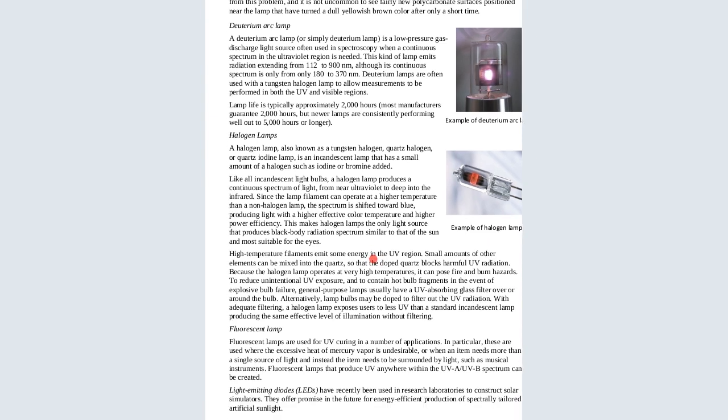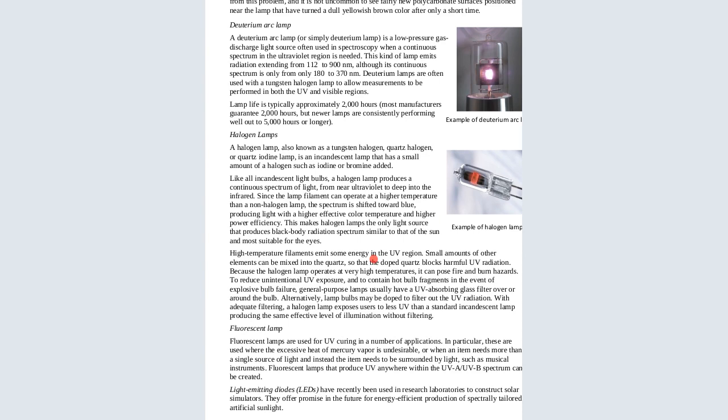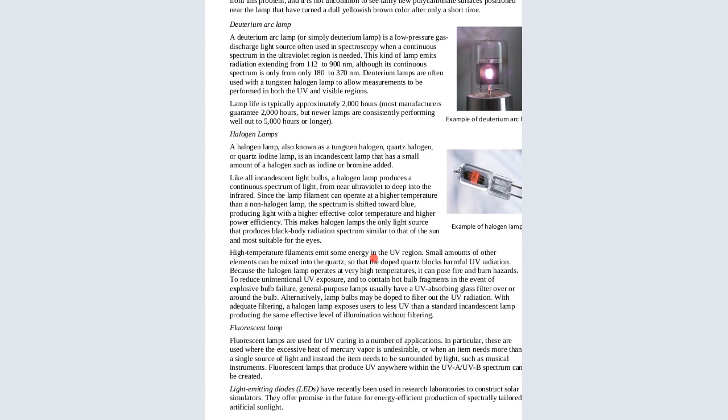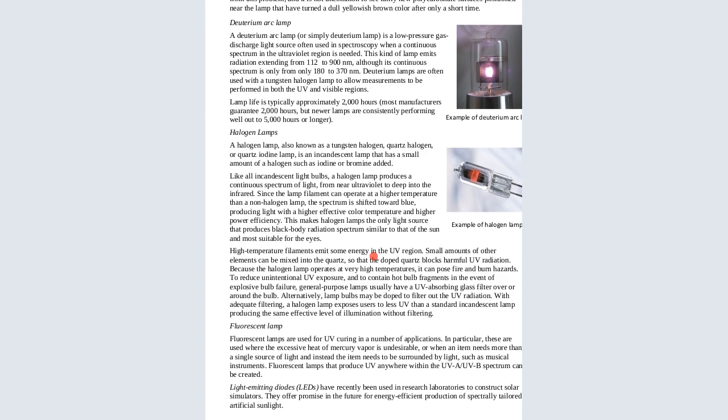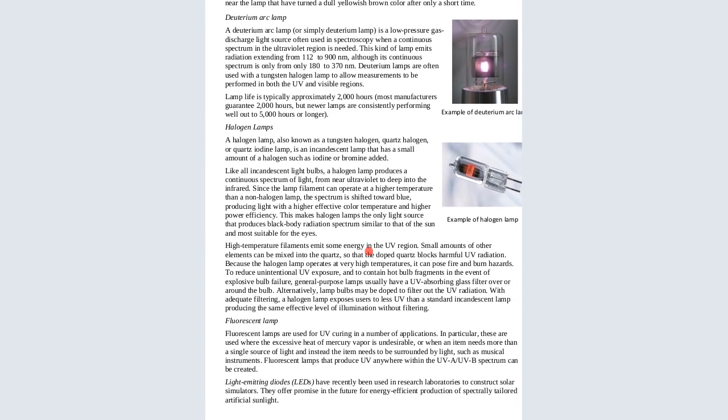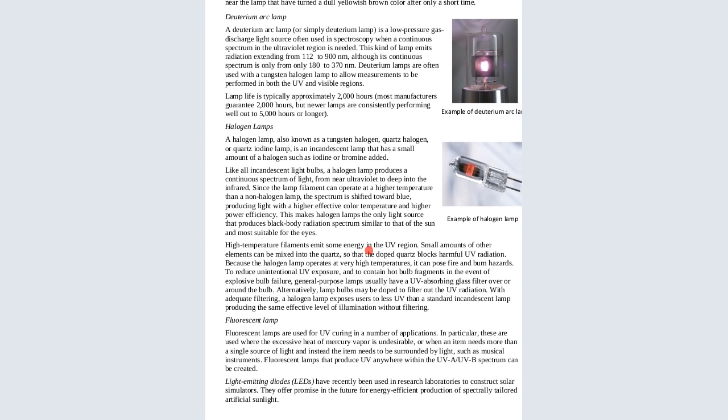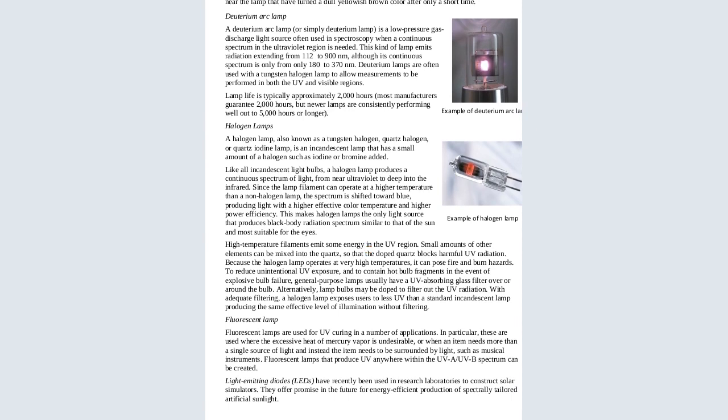Like all incandescent light bulbs, halogen lamps produce a continuous spectrum of light from near ultraviolet to deep into the infrared. Since the lamp filament can operate at a higher temperature than a non-halogen lamp, the spectrum is shifted towards the blue, producing light with a higher effective color temperature and a higher power efficiency.